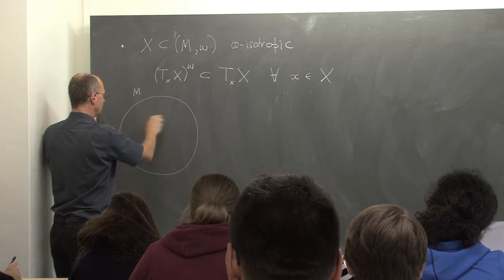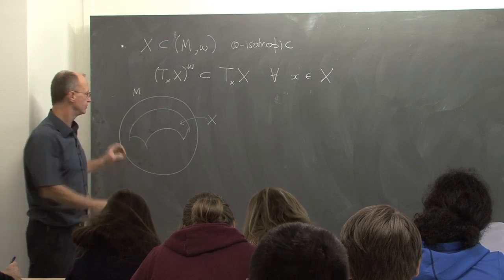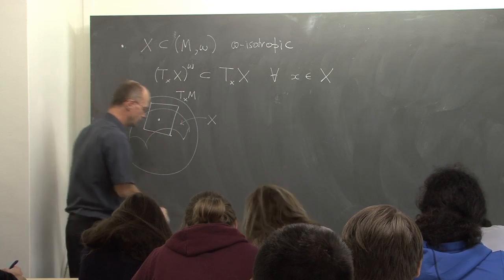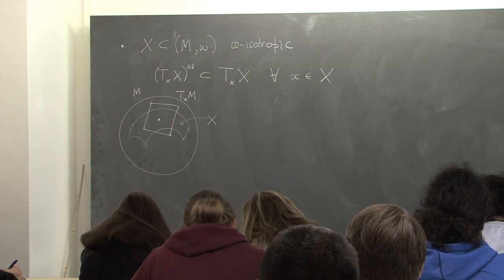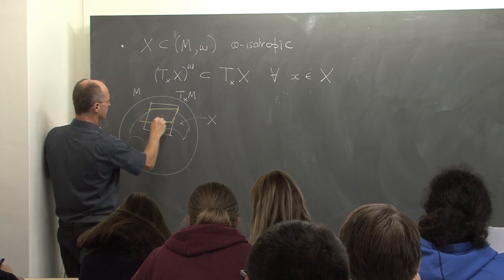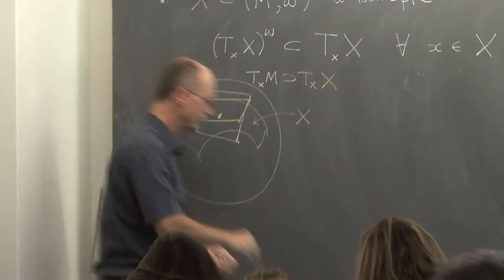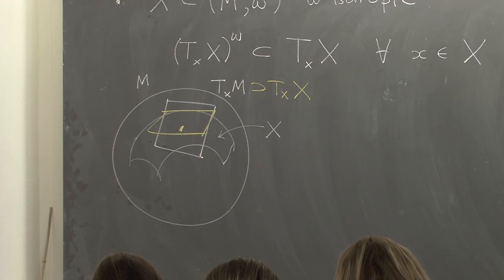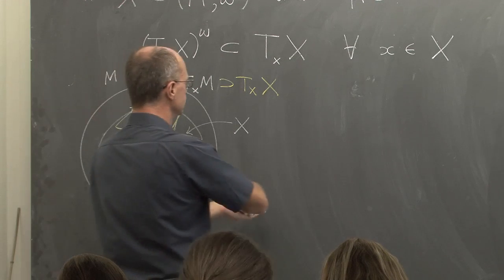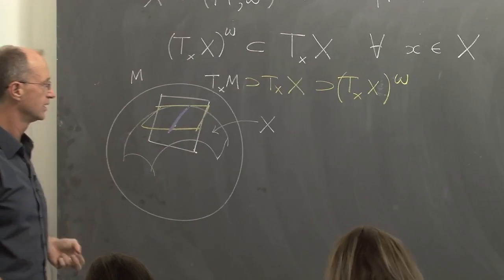So this is our M. Now inside M somewhere there is this X. You imagine a tangent space, T_x M. Inside it is sitting the tangent space T_x X, and somewhere inside it is sitting one more subspace, (T_x X)^omega.